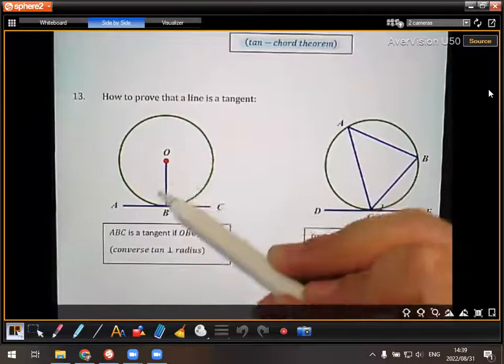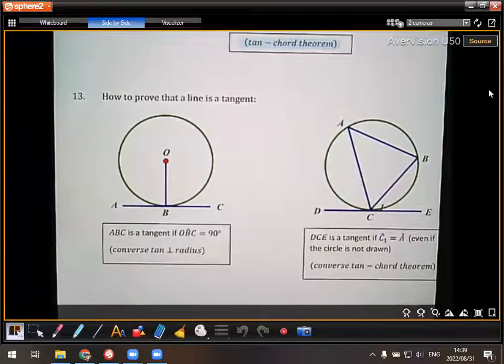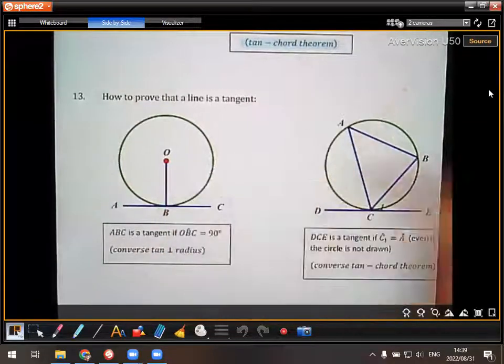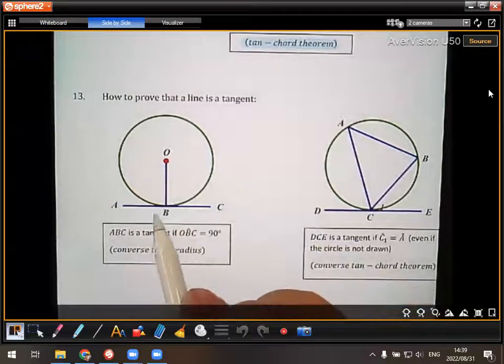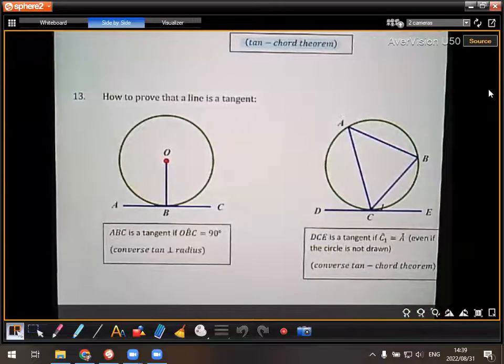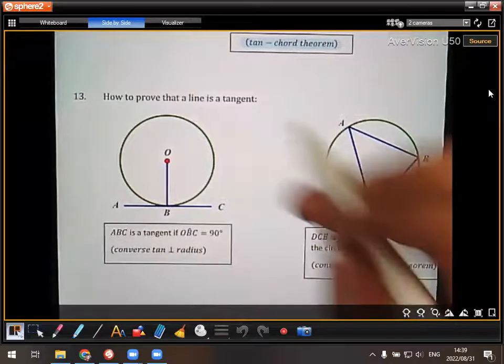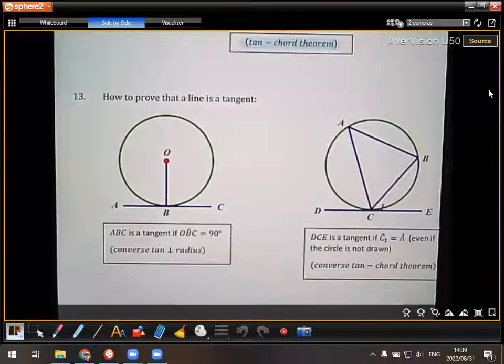Okay, even if the circle is not drawn, guys, it can be a picture without a circle at all, and they can ask you, prove that AC would be a tangent to a circle at point B. Right, that could be the wording. So I'll just add that at the top maybe so that you can identify the question.